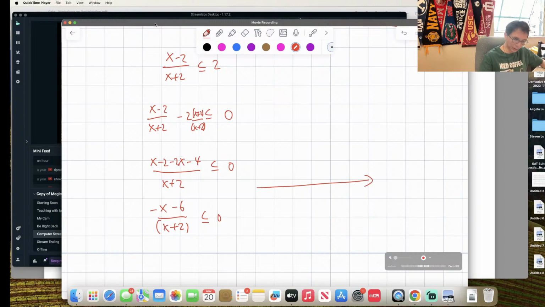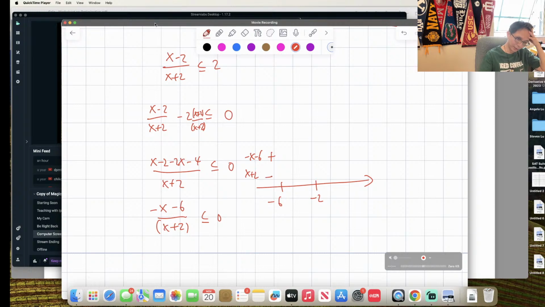Now you can do a number line. It's going to be negative 2, and I think this is going to be negative 6. So it'll be negative x minus 6 over x plus 2. And if you look at here, this one's actually going to give you positive.